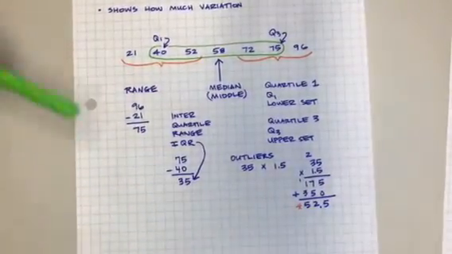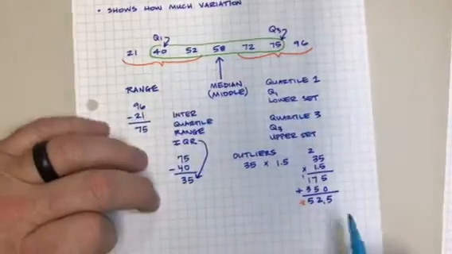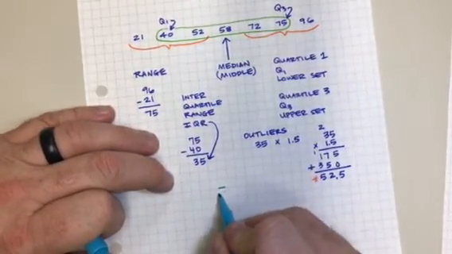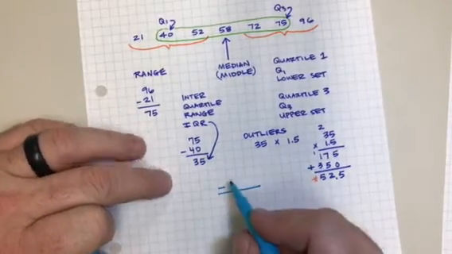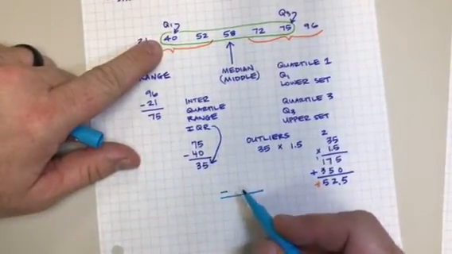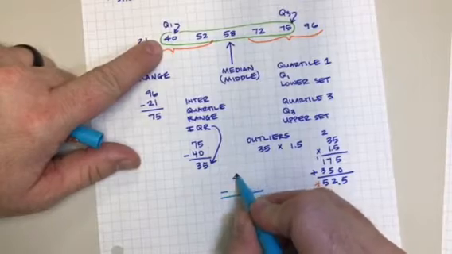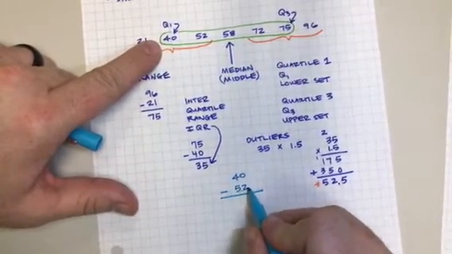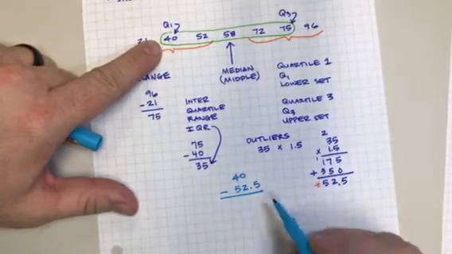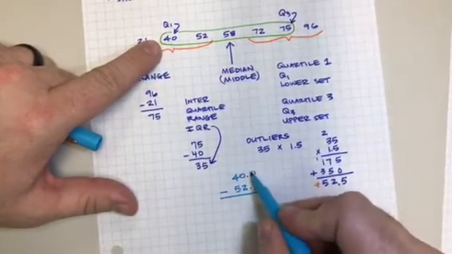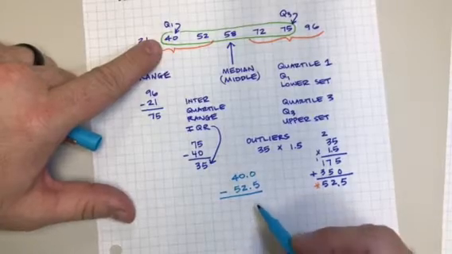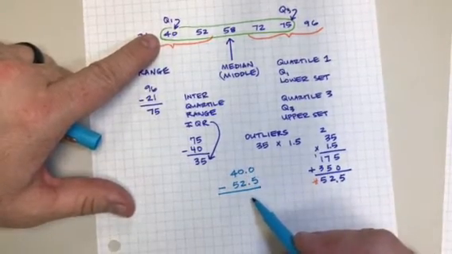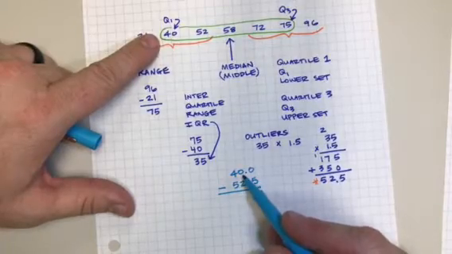So at this point, I'm going to set up two problems using my special number. I'm going to do a subtraction problem using my special number and Q1. I'm going to take Q1, which is 40, and subtract my special number, 52.5. To do this correctly, I'm going to put in some placeholder zeros. When I subtract this, I'm going to get a negative number because I'm taking away more than I have.